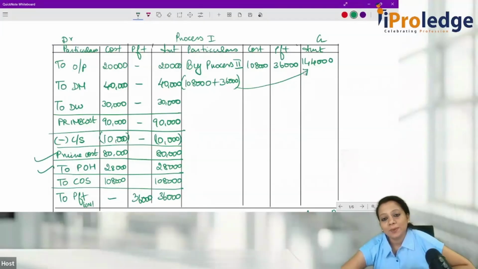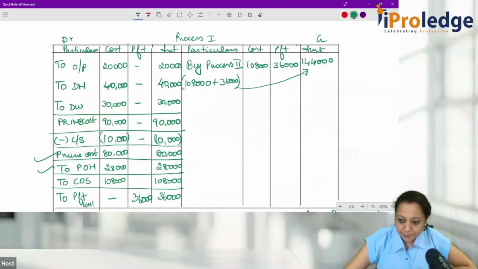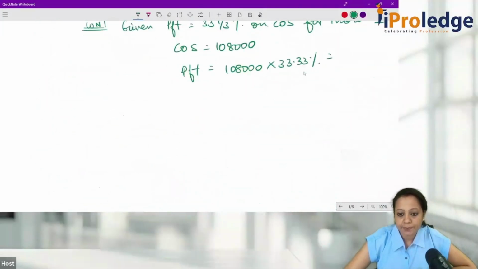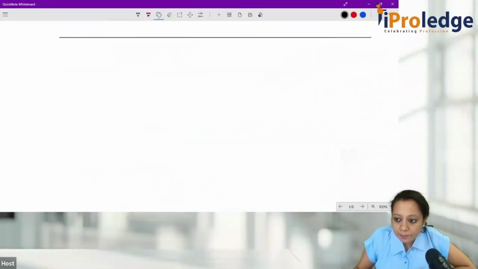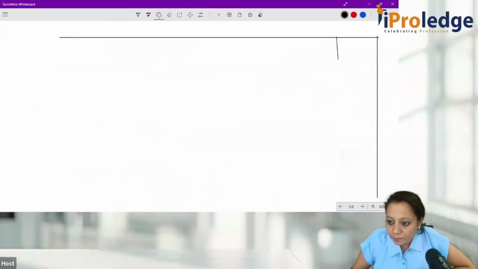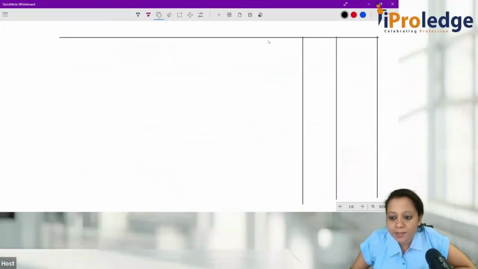Yes, dears. Process 1 was a little bit easy. Shall we go to process 2? Again, same columns for the second process.